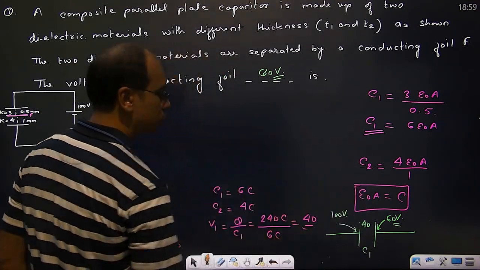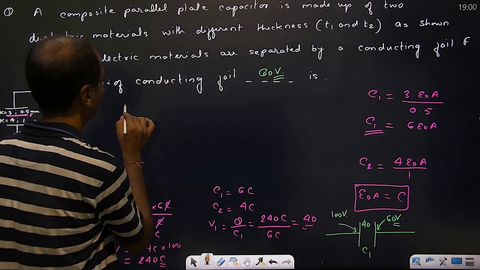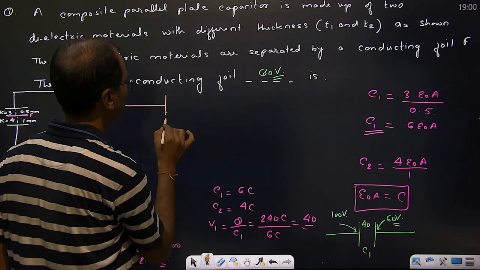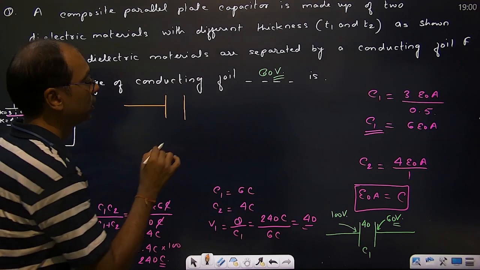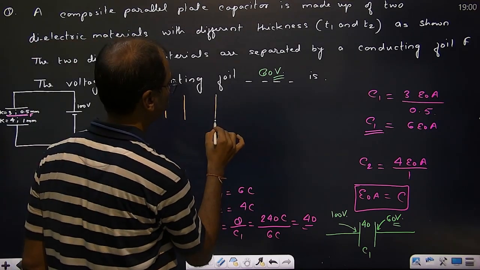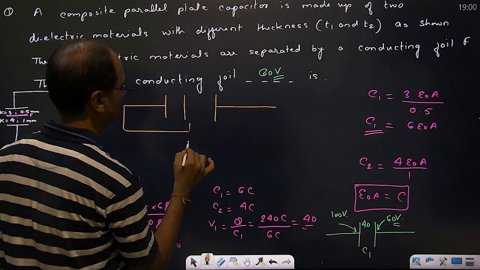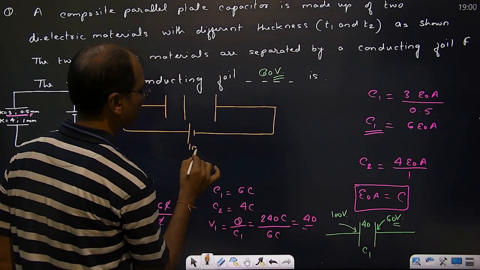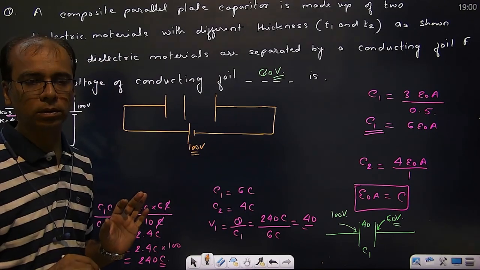So, two capacitors. These are the capacitors I am redrawing. Capacitor number 1. Capacitor number 2. And it's connected with a battery of 100 volt. This 100 volt means potential difference is 100 volt.